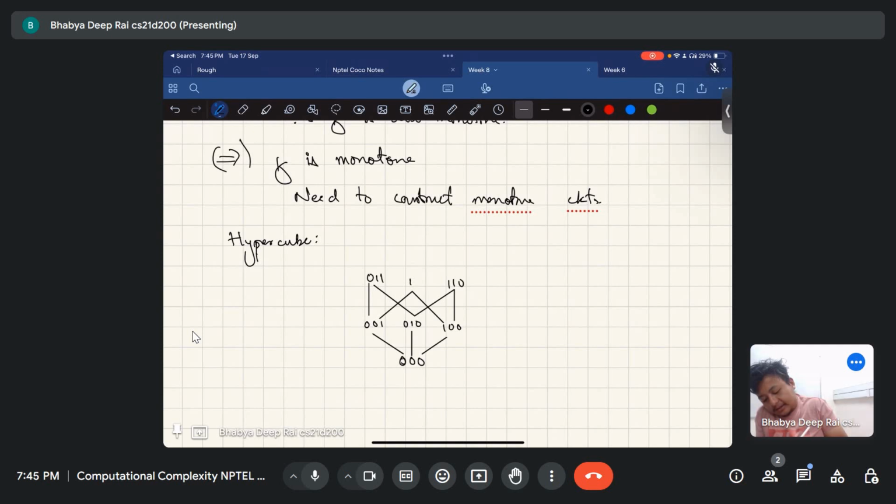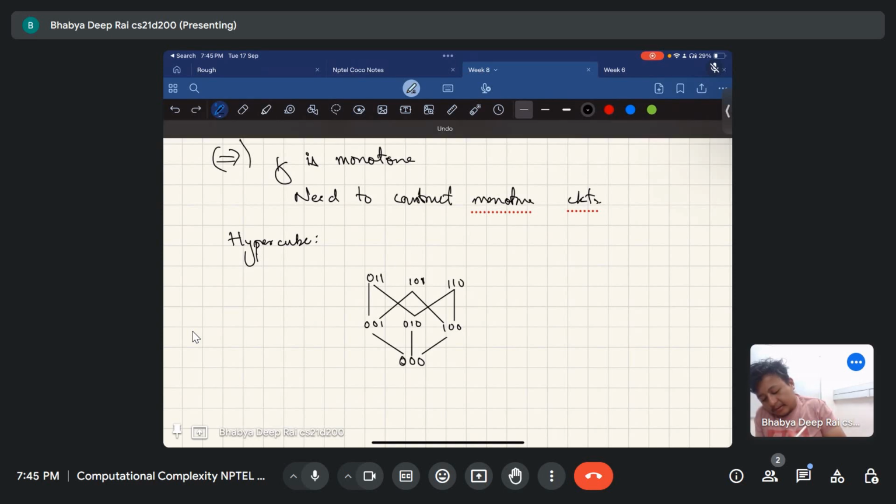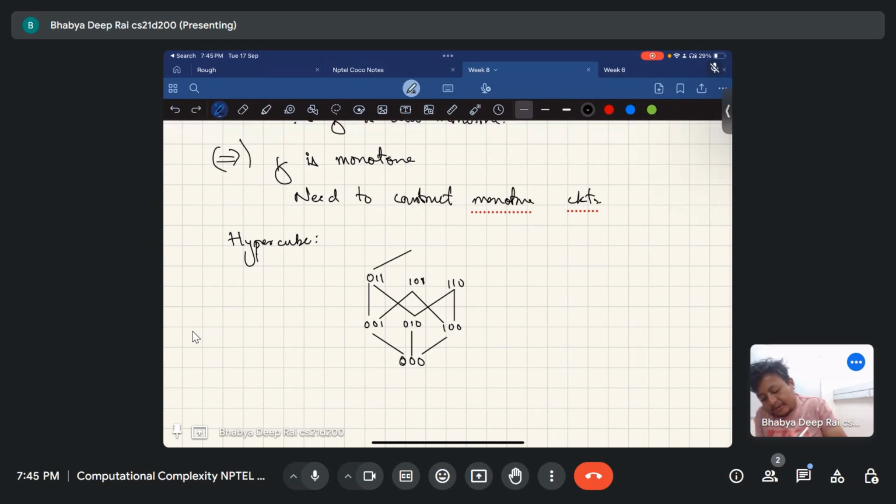So 1 0 1, bitwise OR, and here you have 1 1 1. So this sort of looks like a cube, hence it's called a hypercube, or sometimes just a cube. So this is my hypercube, also called the Boolean hypercube, on 3 bits.